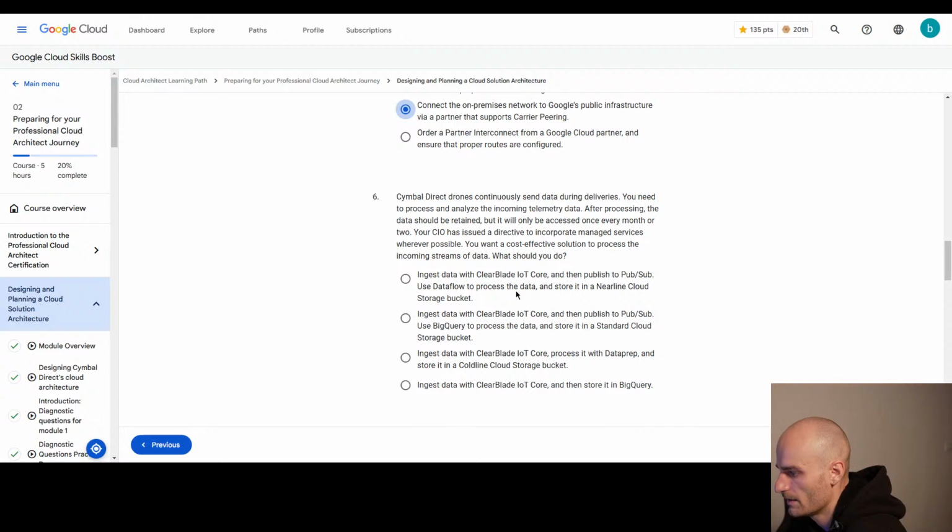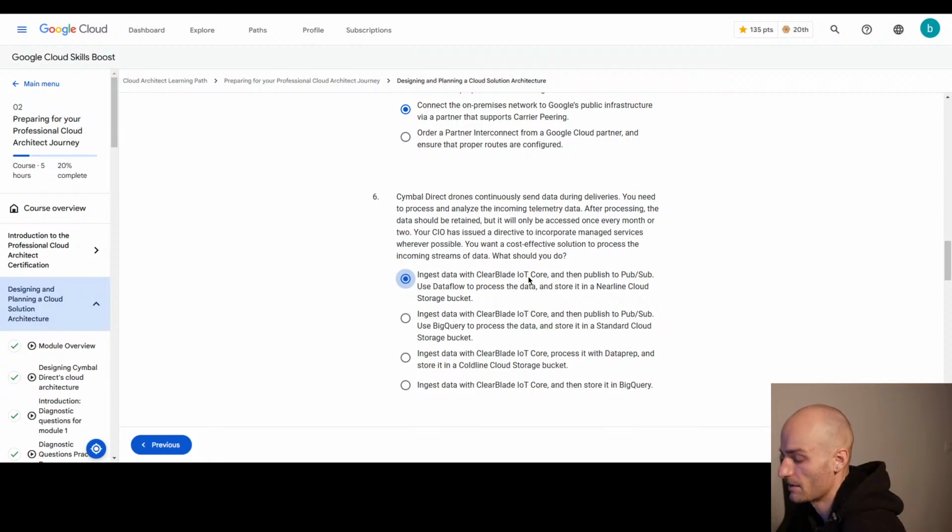And here it was nearline instead of coldline. And Dataprep is not a good one as it's not for processing. Maybe Dataflow is the good one. BigQuery is not for processing data.